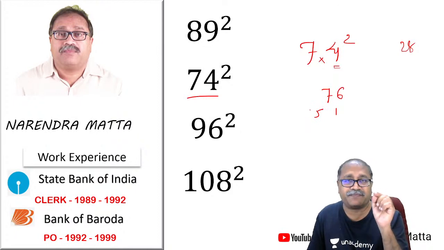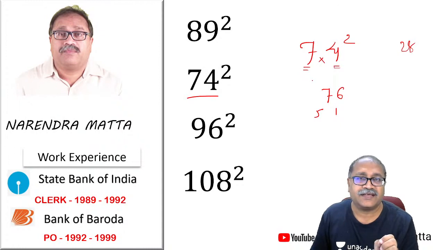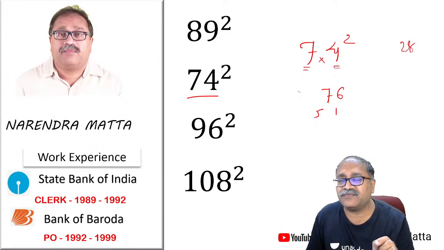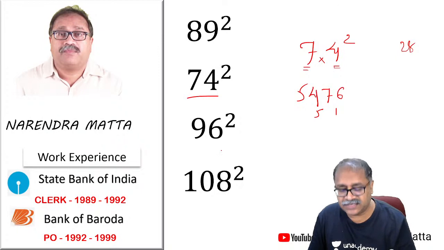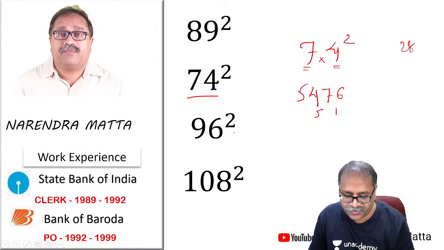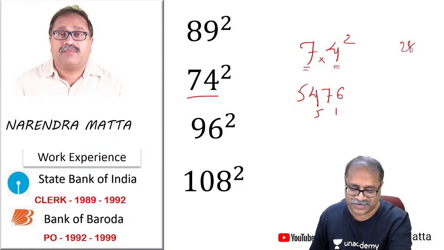And the last step is 7 square, and the 7 square is 49. And 49 plus 5, which is 54. So that's how 5476 is 74 square. Am I correct? Wow, beautiful, beautiful. 5476. Both of you have beautifully answered the question.